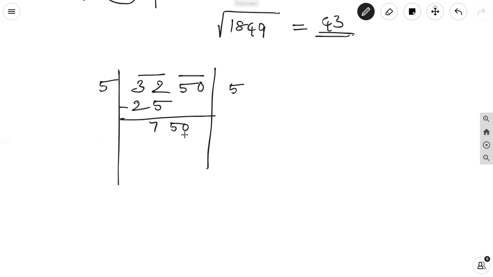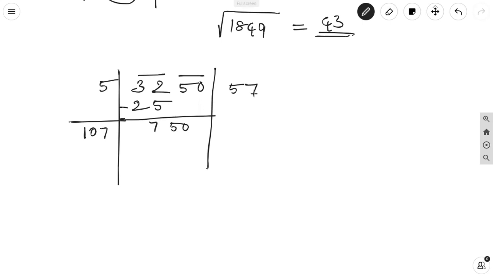Then the dividend is 750. Take the double of the quotient, that is 5 twos are 10. In 750, if we take 5, then 5 fives are 25. If we take 6, 6 sixes are 36. 7 sevens are 49, so the nearest to 750 is 7.